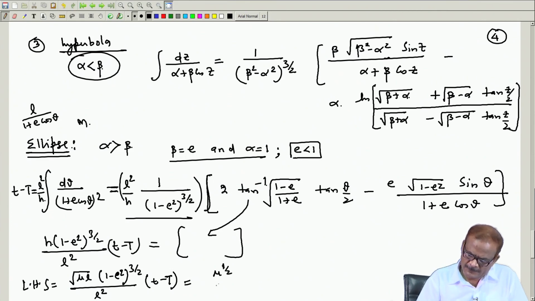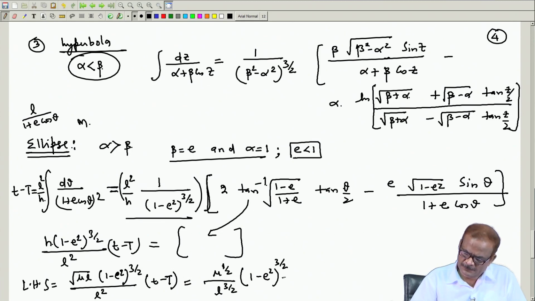Mu to the power 1 by 2 divided by L to the power 3 by 2, (1 minus E square) to the power 3 by 2, and this quantity, as you can see, is nothing but mu to the power 1 by 2 A to the power 3 by 2, and obviously one term is missing.